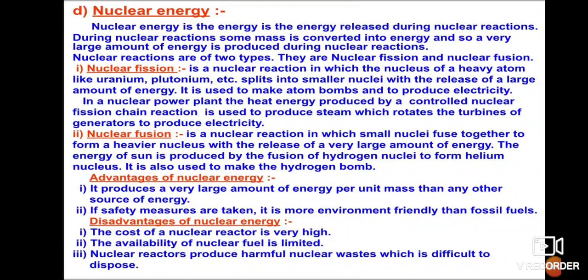Uranium and plutonium are used to make atom bombs and produce electricity. In a nuclear power plant, the heat energy produced by a controlled nuclear fission chain reaction is used to boil water and produce steam.